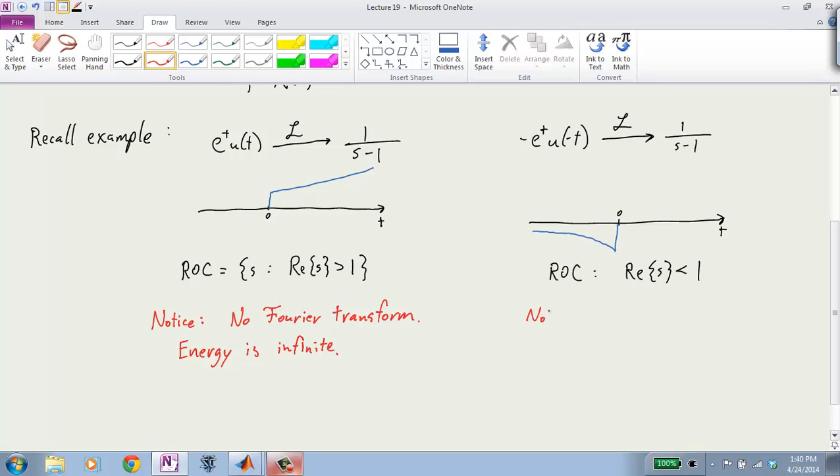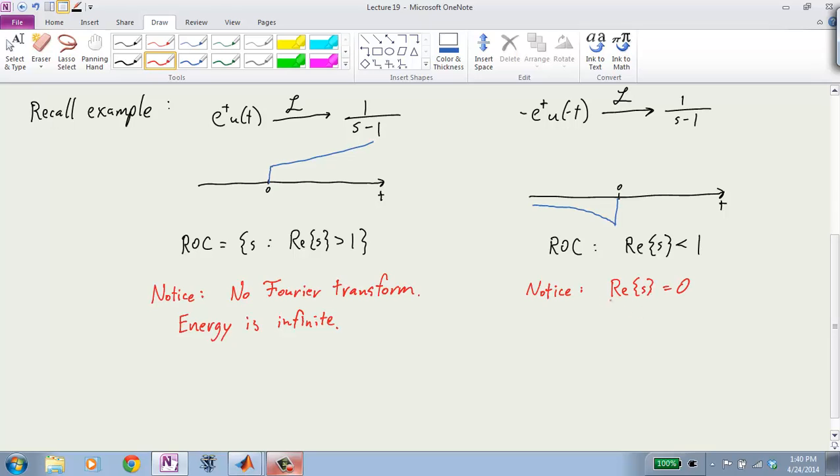Over here, notice that the real part of s equals 0. That's a particular line, right? Where the real part of s equals 0. That's the imaginary axis in the s space. That is in the region of convergence. Okay.